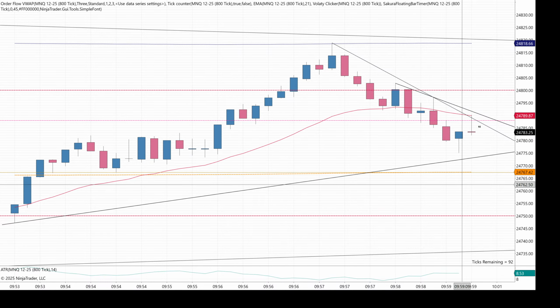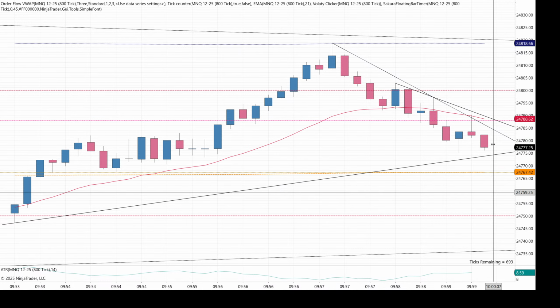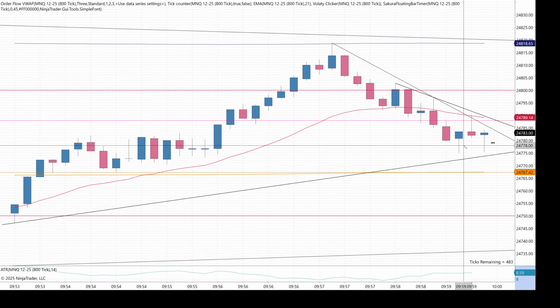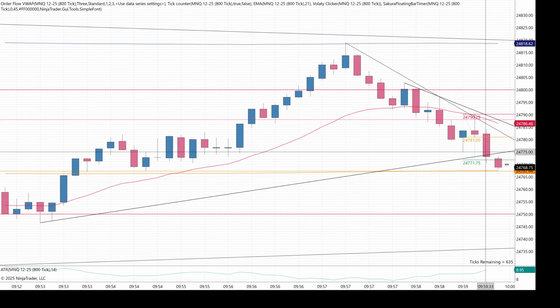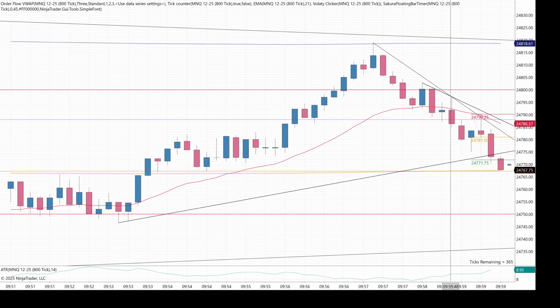Runner is out. This is actually a trigger lower. We do have news, so I'm not gonna... It did hit target though.